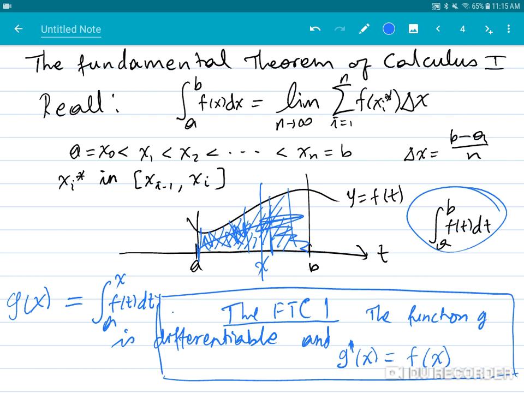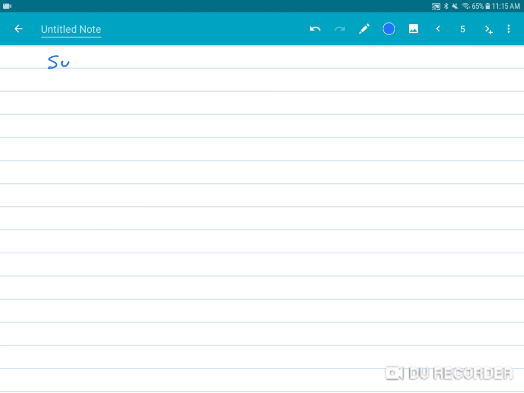Let me write this again. Suppose f is integrable on the interval [a, b]. Suppose that integral exists.